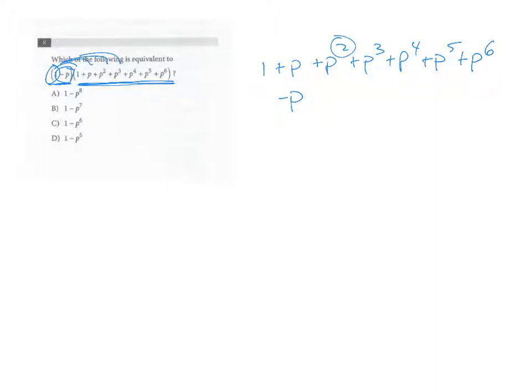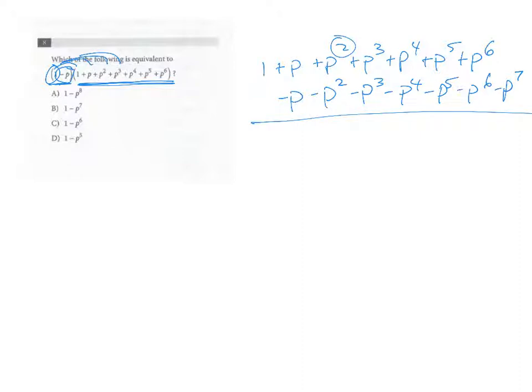And I'm going to line it up here, and then I'm going to have negative p squared, negative p to the 3rd, negative p to the 4th, negative p to the 5th. Negative p to the 6th, and then the last term, negative p times p to the 6th, is negative p to the 7th. Okay?